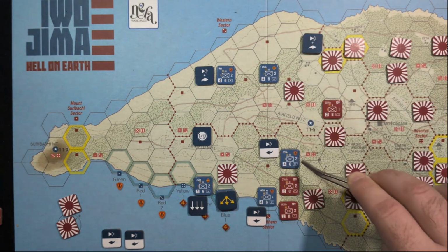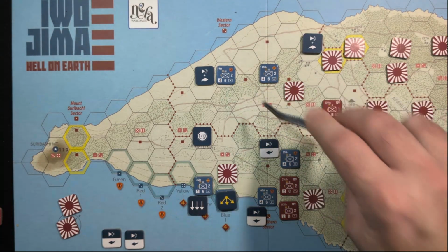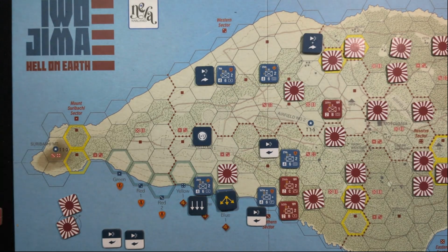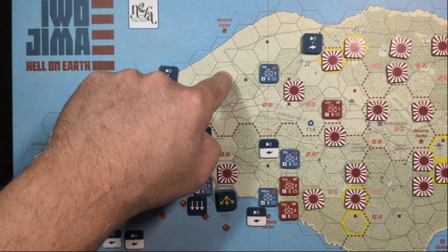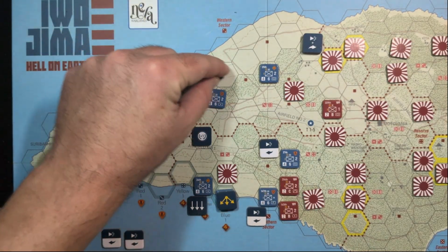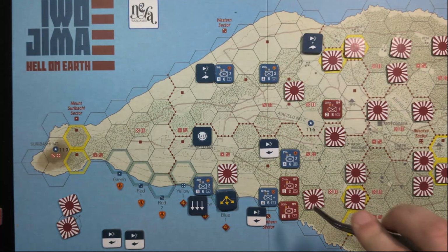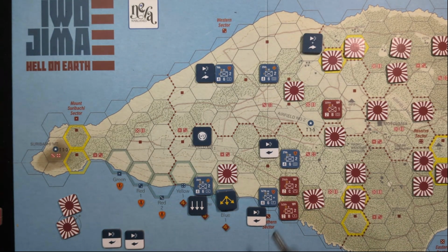Right now we have 2 tanks, 1 flamethrower, and 1 artillery, because I'm using it from a long distance, and this unit is not in a fixed artillery hex or hill. Okay, so we are attacking this unit. It's indicating that it has 2 combat factor. We are doing 4 and 4, it's 8.